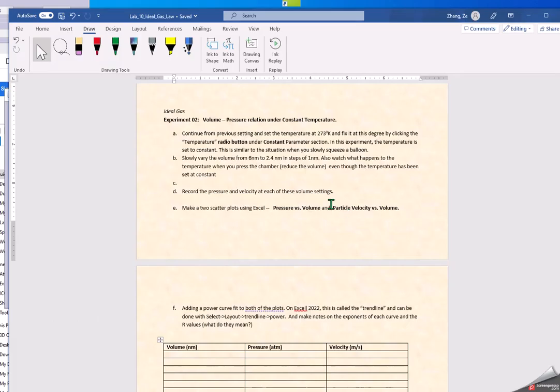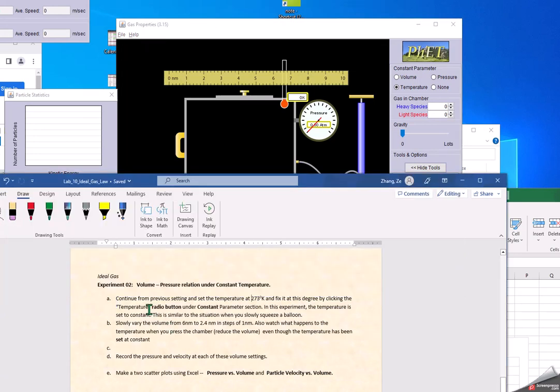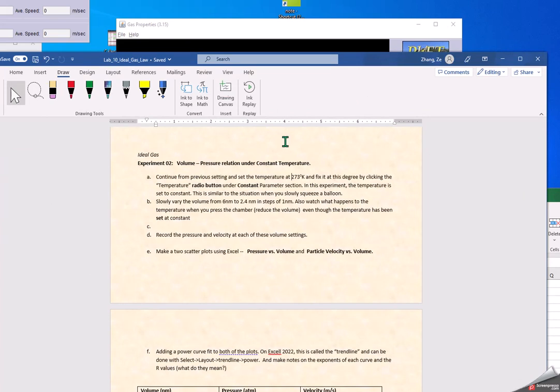And then we do two experiments. The second is the pressure-volume relation under constant temperature, as we have sketched. Continue the previous setting, 270. Fix it at this degree by clicking the constant temperature button. So now the second experiment asks you to study the volume and pressure relation at constant temperature.